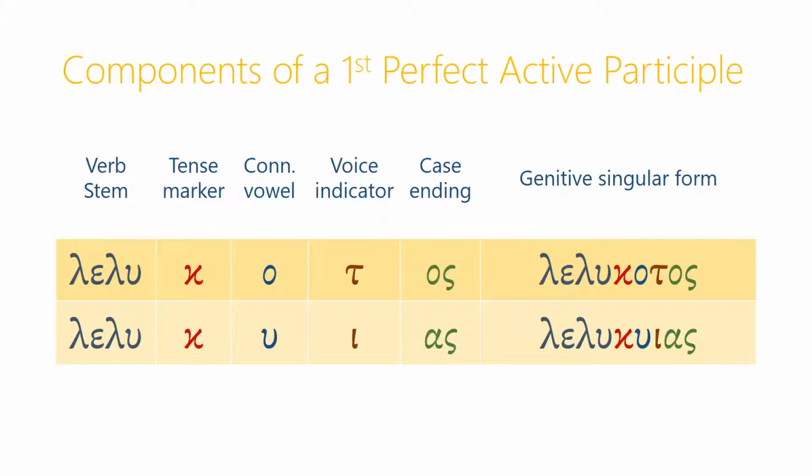And instead of the regular voice indicator for the active feminine, which was epsilon sigma, now we just have an iota for the feminine. But the case endings added on the end are the same as before. And so we have forms like lelukautos and leluquias.